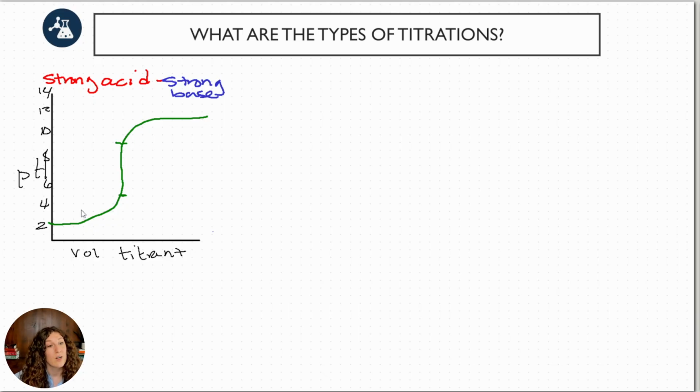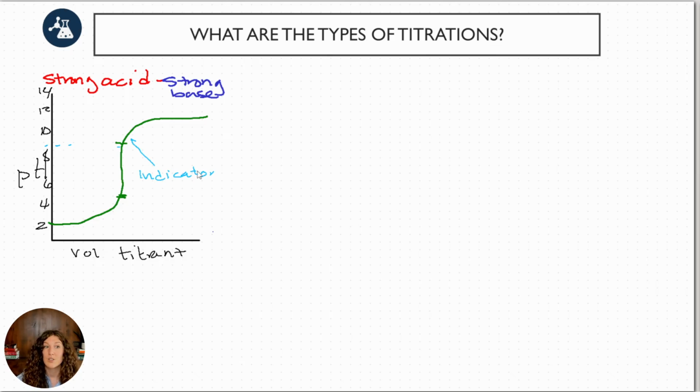So for a strong acid, strong base titration, we want to make sure we choose an indicator that will change color right at the end of our sharp increase, right? Our equivalence point here. So this is going to be changing color anywhere after 7, in the 8 range.